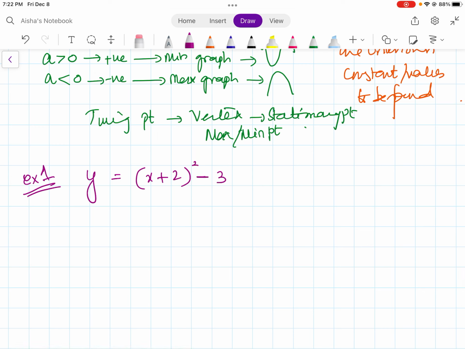From this I can see that the value outside is 1, meaning that it is a minimum graph. There's a plus here, meaning it will be minus 2. That means the coordinates of the turning point are minus 2 comma minus 3. These are my coordinates of the turning point.